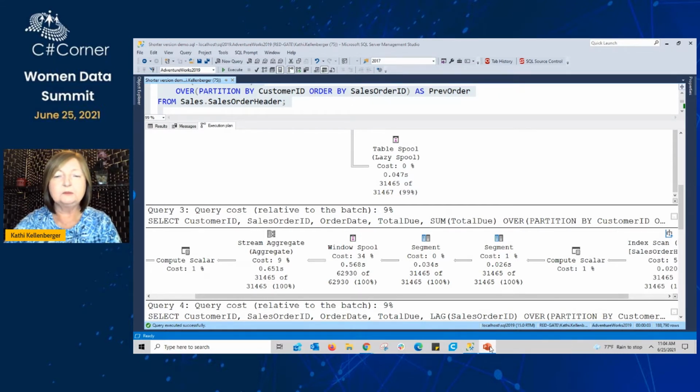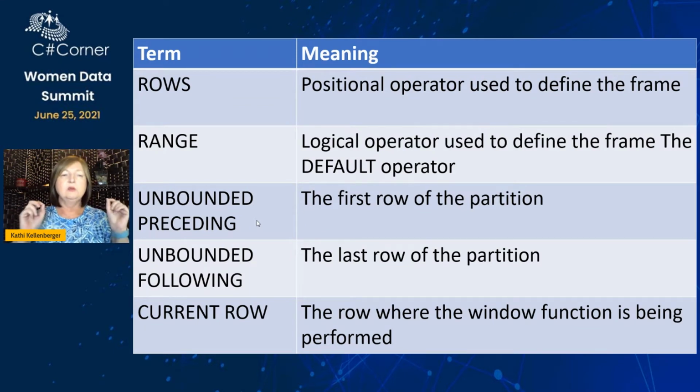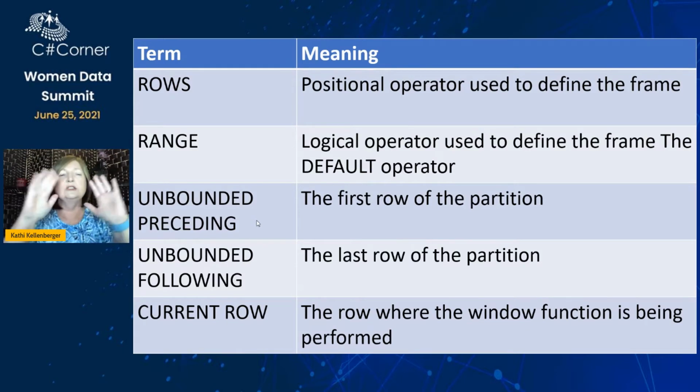So let's go back. All right, unbounded preceding means the first row of the partition. If I'm using a windowing function that requires framing, I use this analogy of looking through a window. I'm going to look through one little piece of my stained glass, and I'm going to see the very first row. If I have 10 rows, unbounded preceding means row 1.